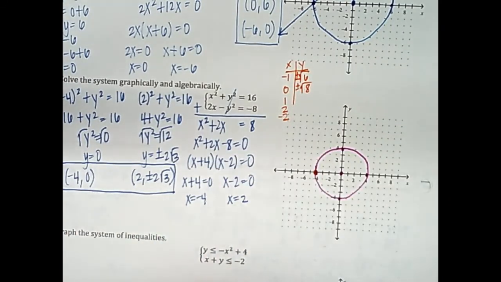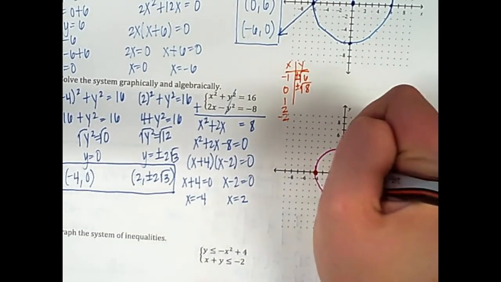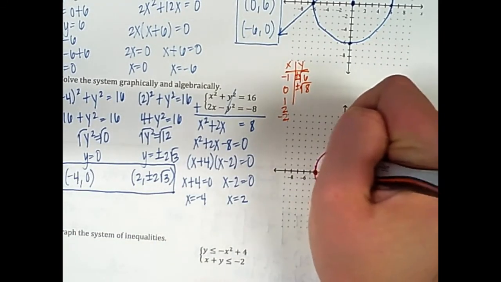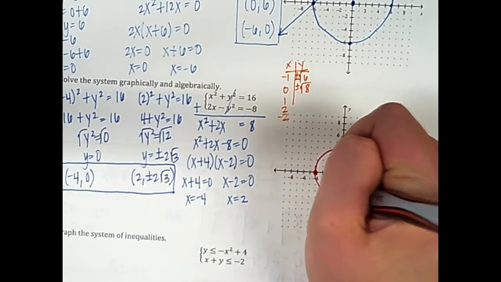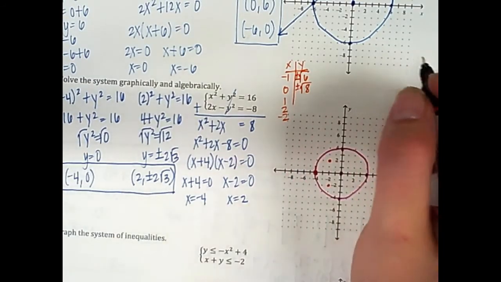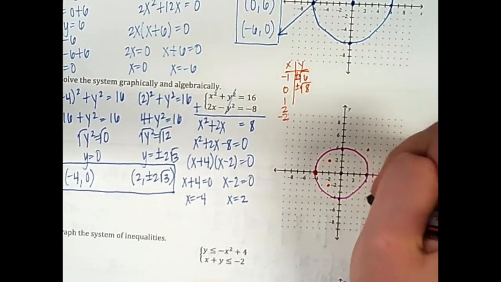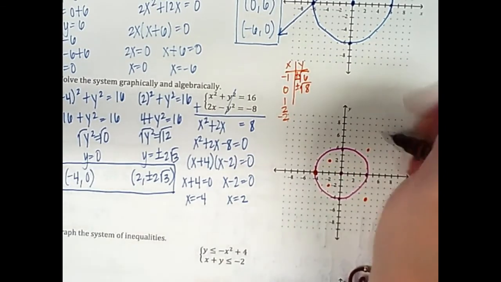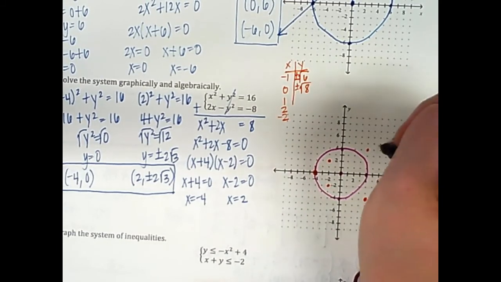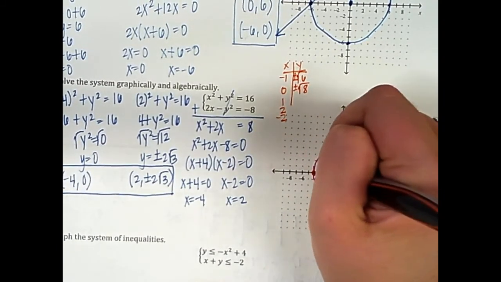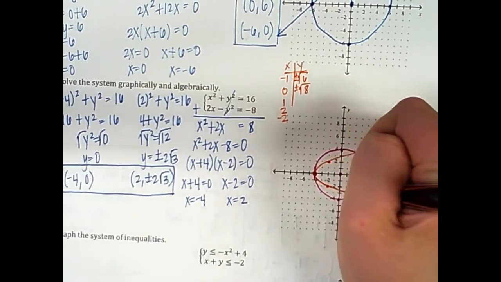And so I'm just going to graph it because I've already graphed it and I know how to graph it. So it would be -2 and 2. And then my other points would be (4, 4) and (4, -4). And so I have my sideways facing parabola.